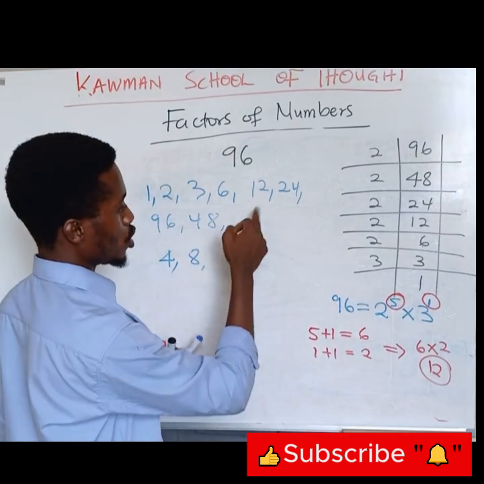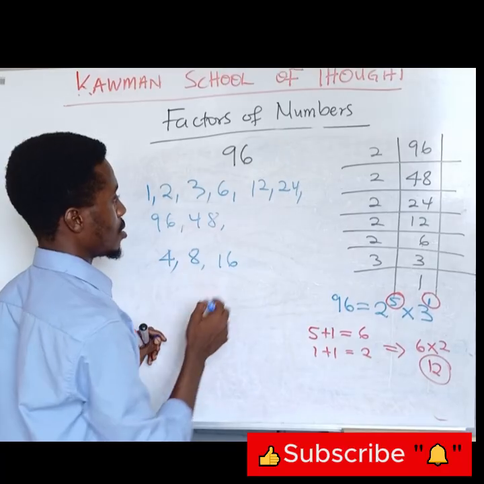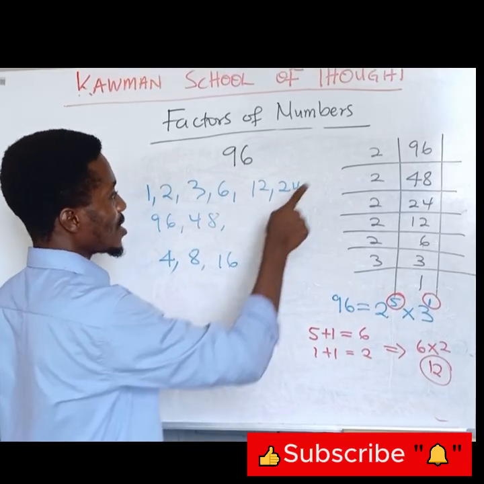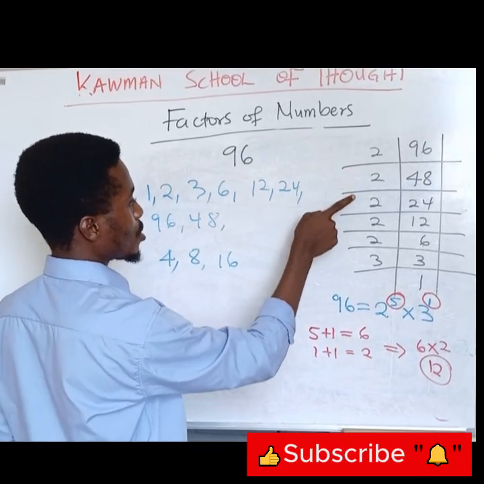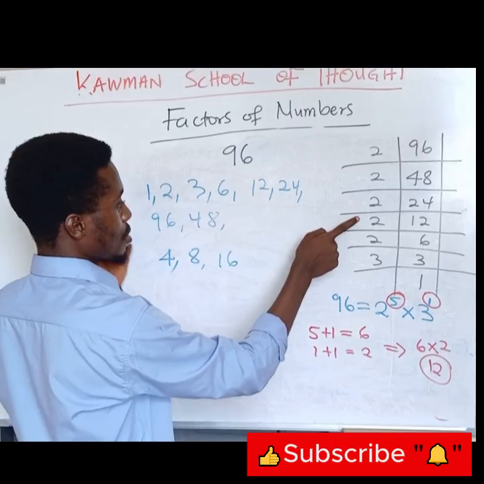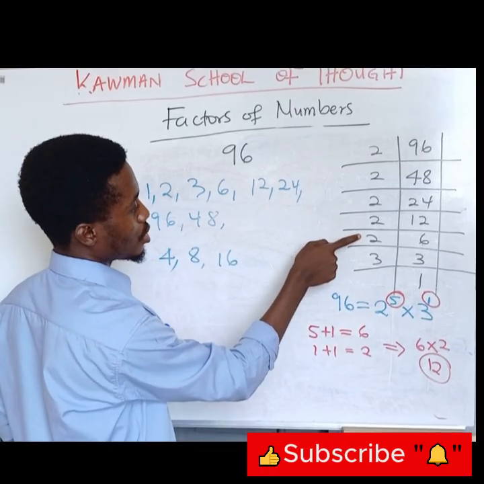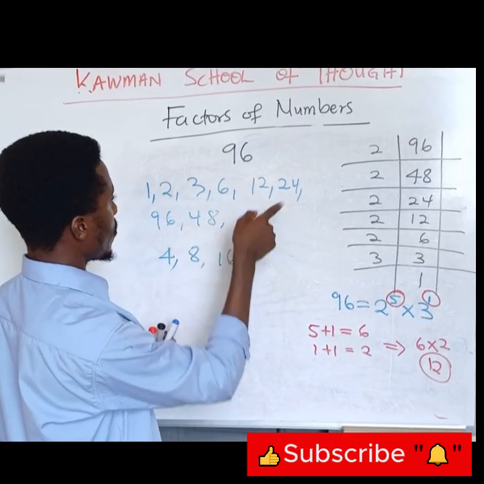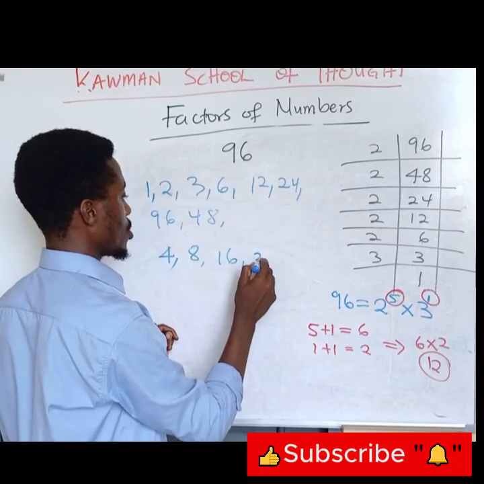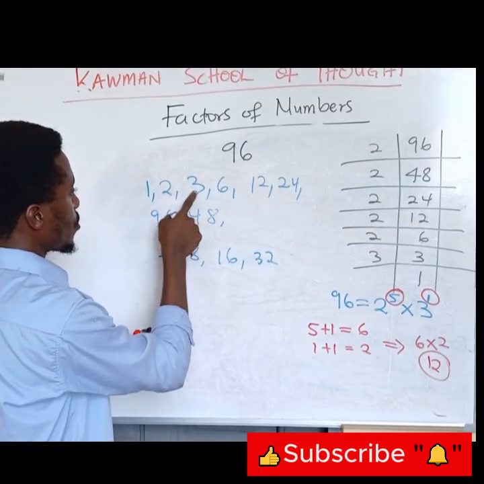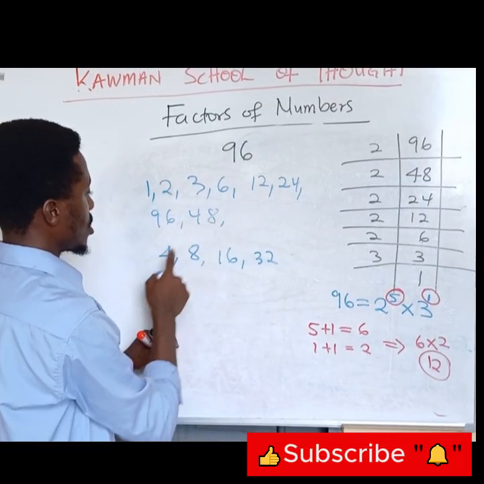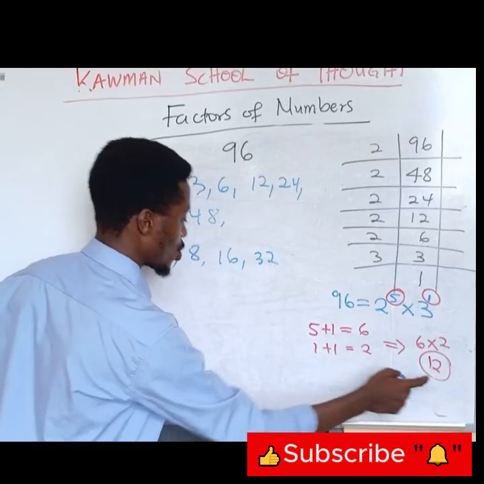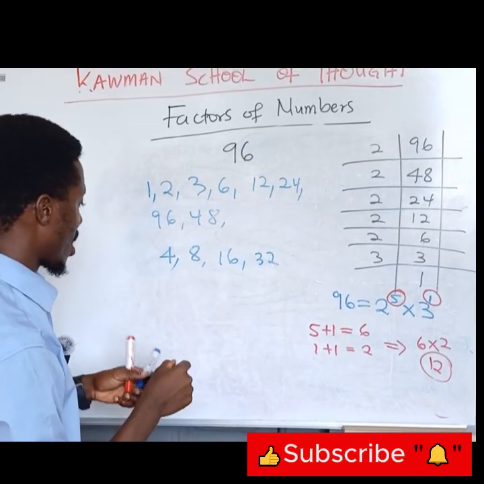Is 16 here? Nope. Okay. Let's go. 2 times 2, 4, times 2, 8, times 2, 16, times 2, 32. Is it here? No. So 32. So let's see. 1, 2, 3, 4, 5, 6, 7, 8, 9, 10, 11, 12. So I pause here and I write my answers.